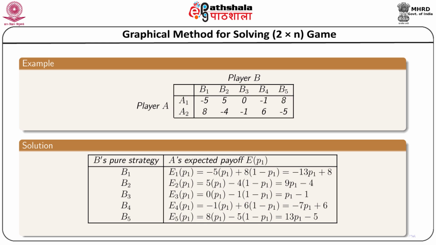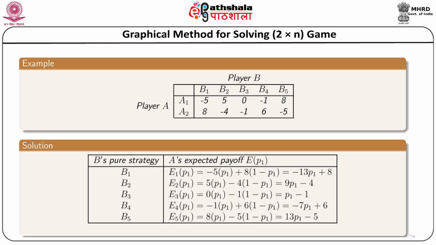We will first find A's expected payoff for each pure strategy of player B. B has 5 pure strategies, B1, B2, B3, B4 and B5, whereas A has 2 pure strategies, A1 and A2.